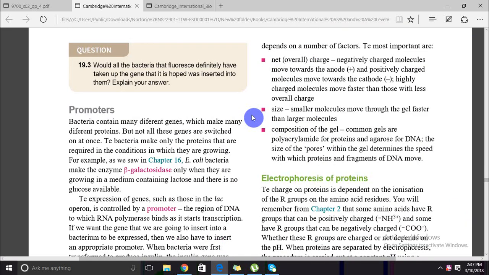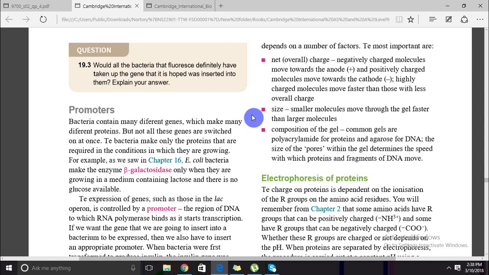Number one, what the net charge of the molecules are. The negative molecules will move towards the anode, and the positive will move towards the cathode, and the ones that have a greater charge will move faster because the electric force of attraction will be greater. For those of you who are familiar with Coulomb's law, this will make sense.